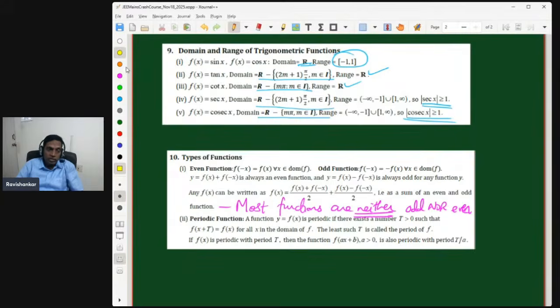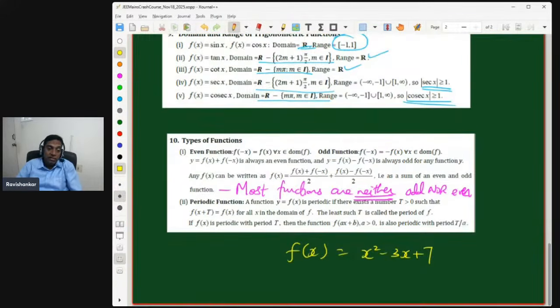If you just take some simple polynomial, f of x is equal to x squared minus 3x plus 7, this is neither odd nor even. It's not necessary that all functions will fall under either odd or even. Both odd as well as even are very special small subcategories.